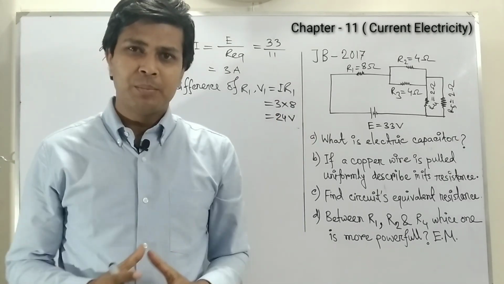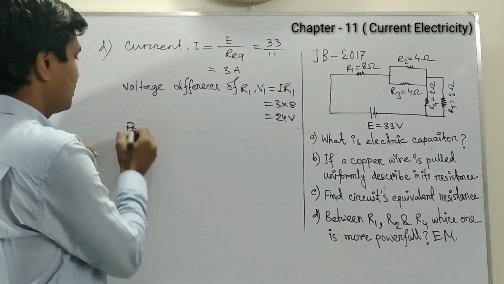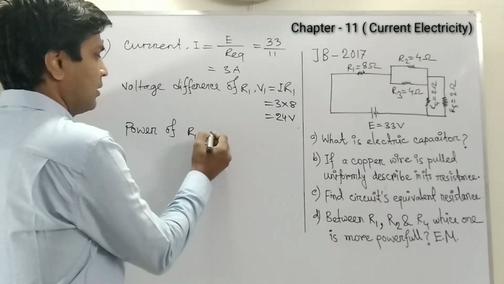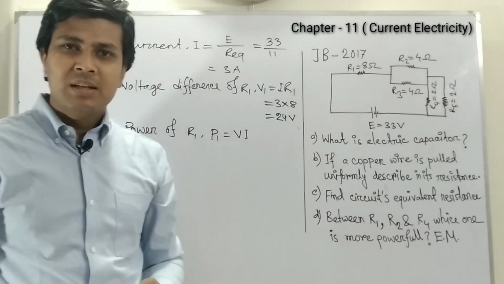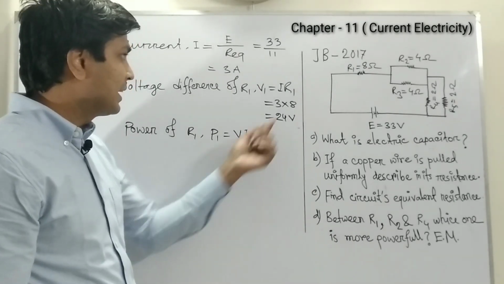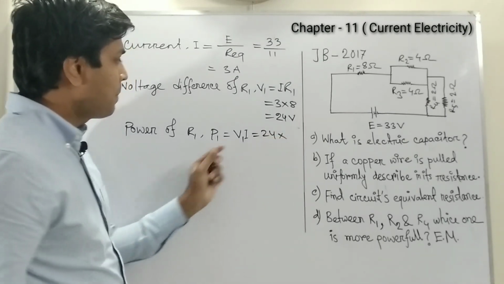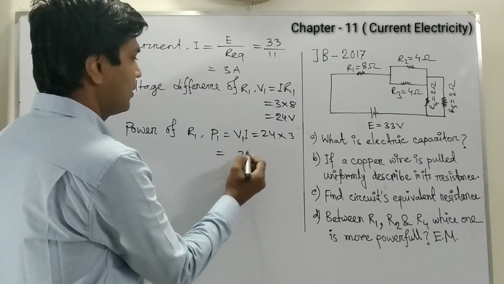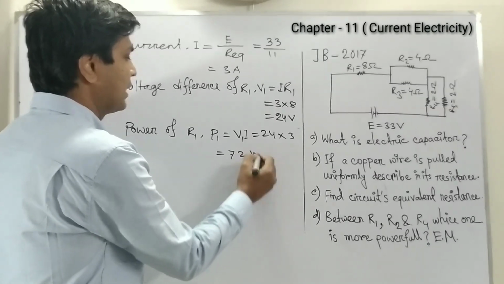Now we can calculate the power of the first resistance. The formula of power is P equals V I. We consider V as V1 and the current is I. If you put V1 as 24 and current as 3, the answer will be 72 watt.